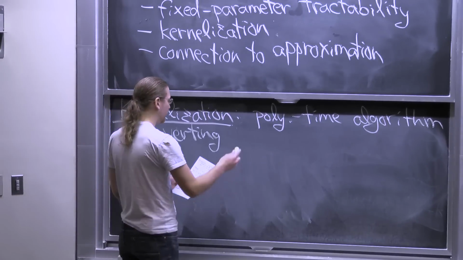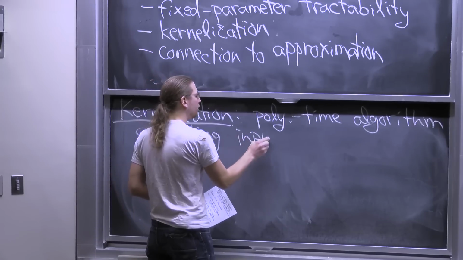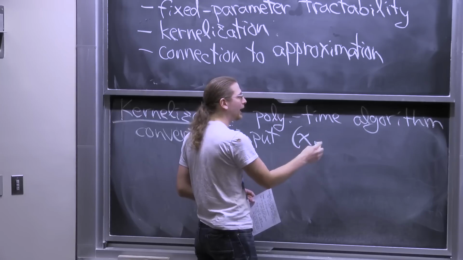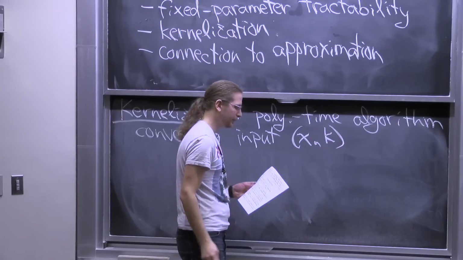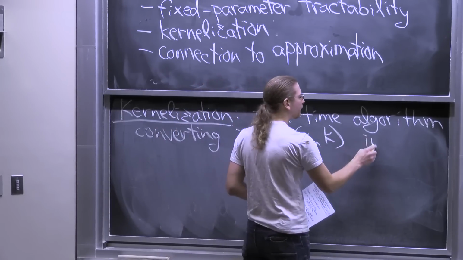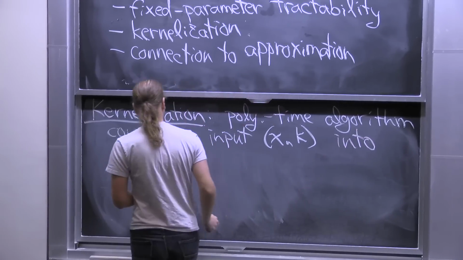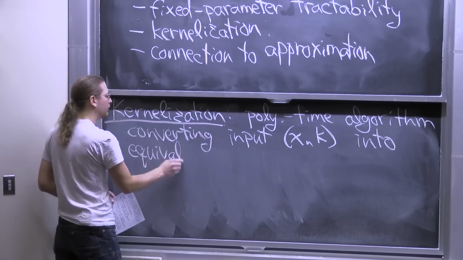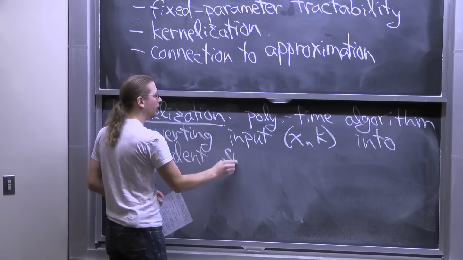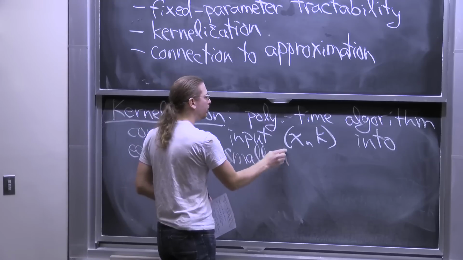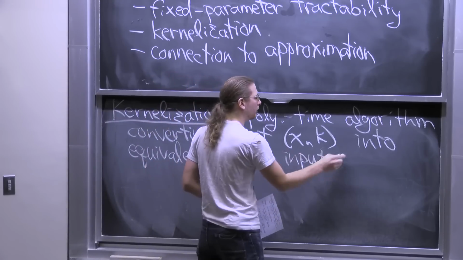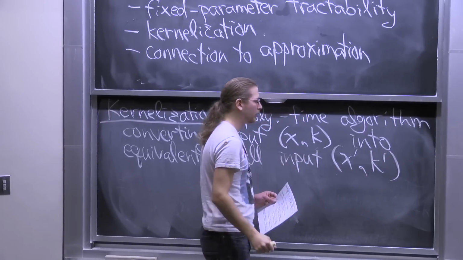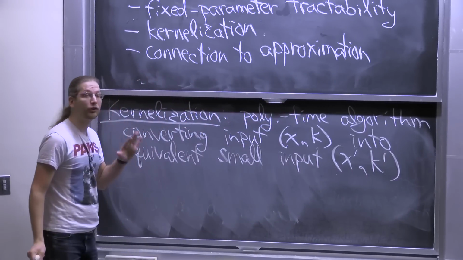So we're going to convert an input. This is for a parameterized problem. So an input consists of some regular input x and a parameter k. And we want to convert it into an equivalent small input x prime, k prime to the same problem.